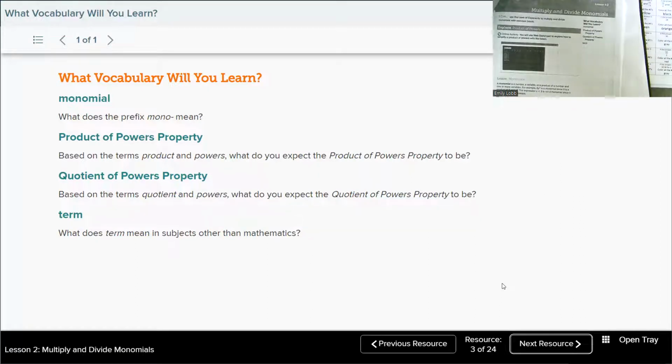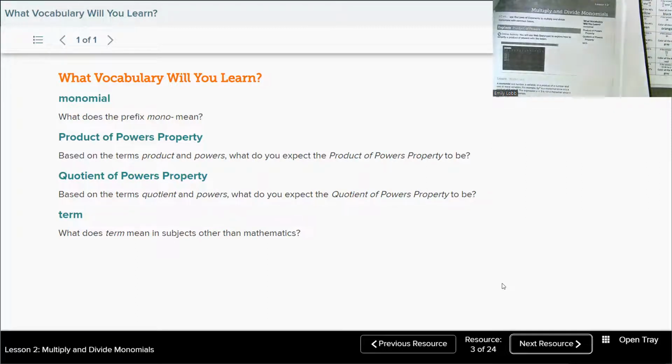So that is something you must know by now. That's something we've been working on for a long time, products. And powers. Powers is what we have been talking about. Remember, powers is the value of our exponent, right? Okay, so we're going to be multiplying powers together and teaching you how to simplify them.